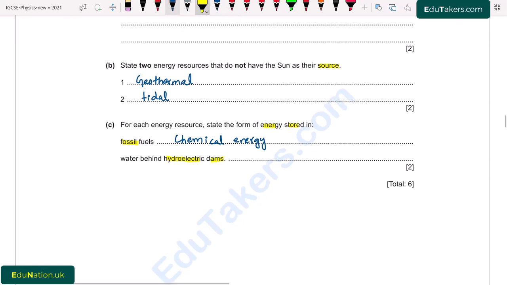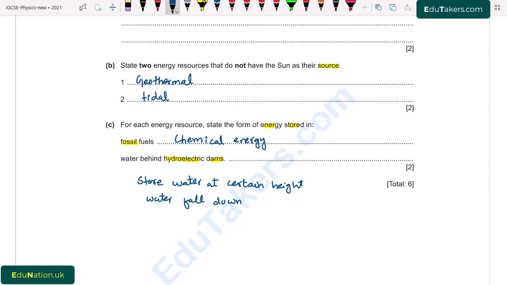So I write here simple steps: water is stored at a certain height, and then this water falls down, and this falling energy basically rotates the turbine, and then we get the electricity or electrical energy.